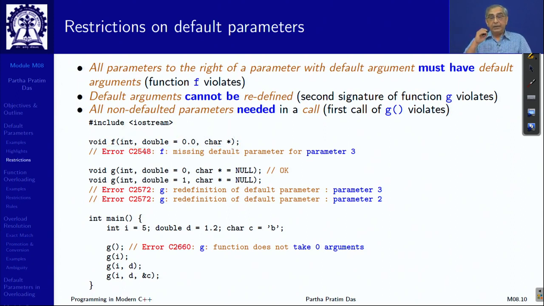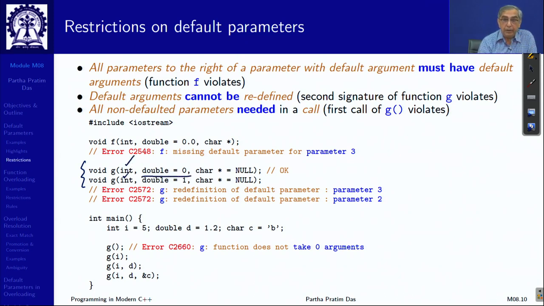The second is, when you provide default values, you cannot multiply provide default values in two different places or in two different signatures, even if the values are the same. Right? So, you can see here that I have two function headers of G, int, double, char star. Int is non-default, that is fine.